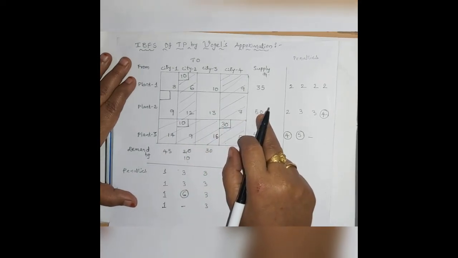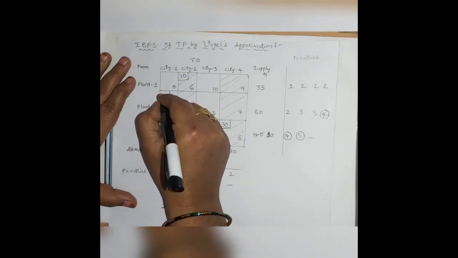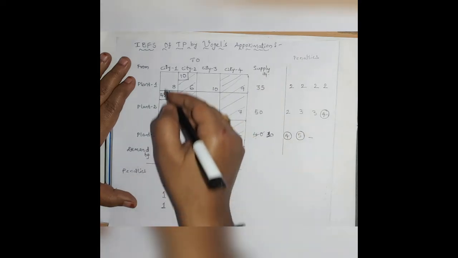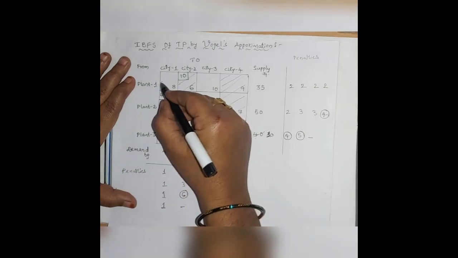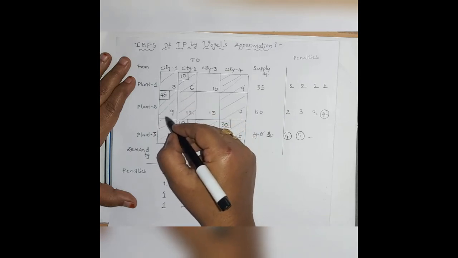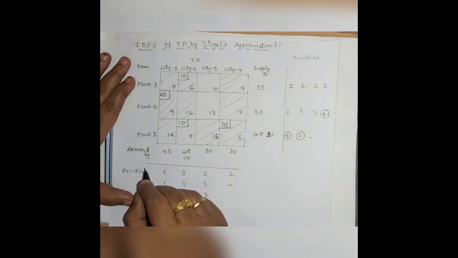The supply here is 50 units and the demand is only 45 units. So the minimum of the supply and demand is 45, which is demand. Now since the city 1's demand is fulfilled, cross off this cell. So cross off this city 1, since there is no requirement for the city 1.